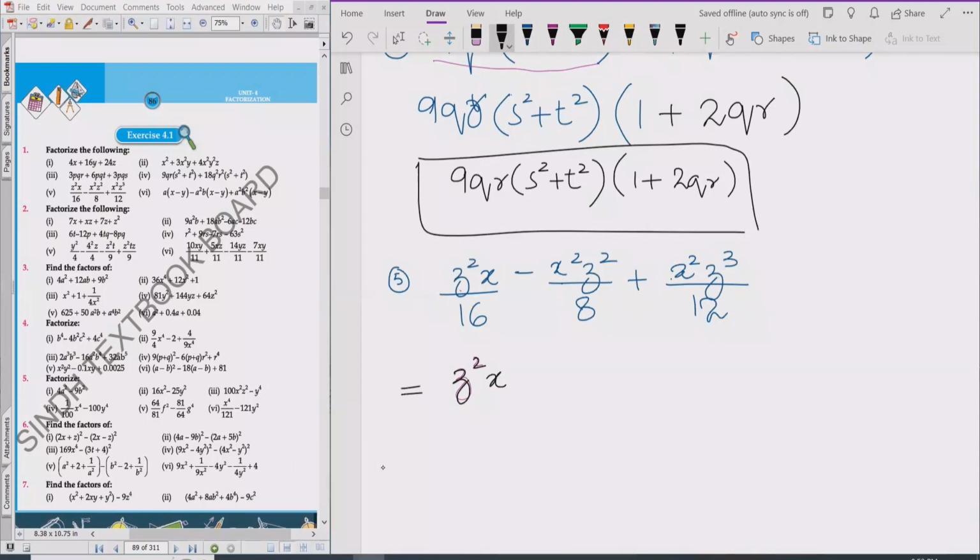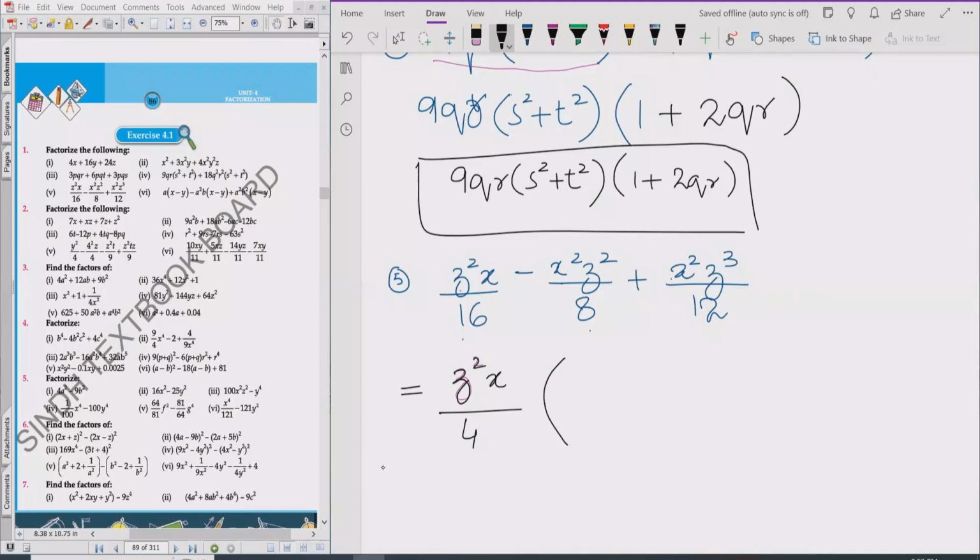Upon 8, 16, and 12, these are not the same, so we will find the single term which is common in all three terms. So I think 4 is common here. In the 4 table we can get 12, 8, and 16.